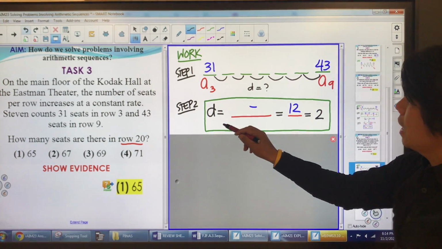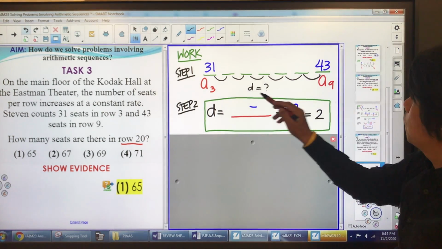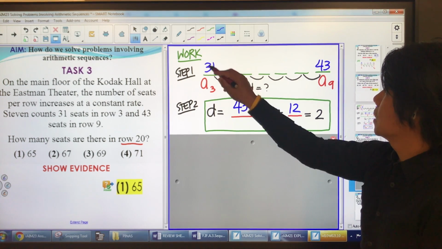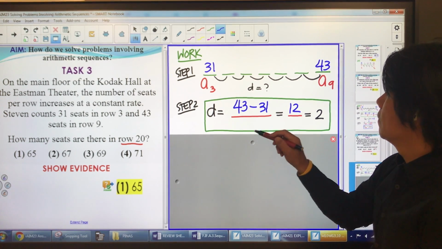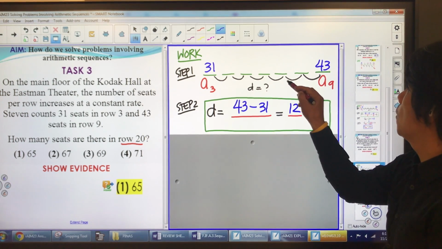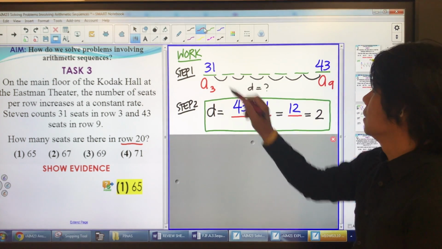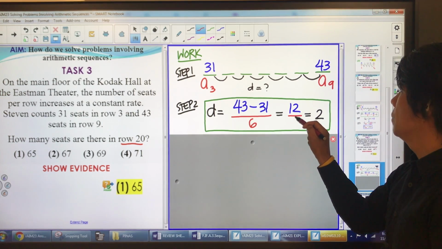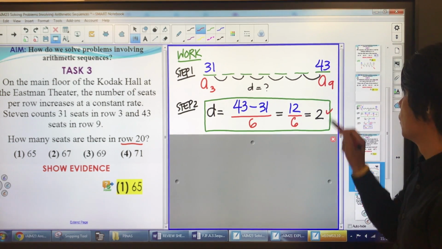Again, how do you do that? You take this big number, 43, minus that small number, 31, divided by what? The number of skips. 1, 2, 3, 4, 5, 6. So you divide this by 6. 43 minus 31, that's 12, divided by 6, which is 2.